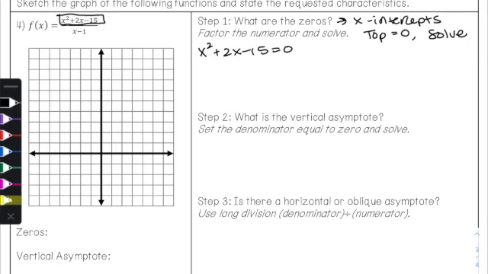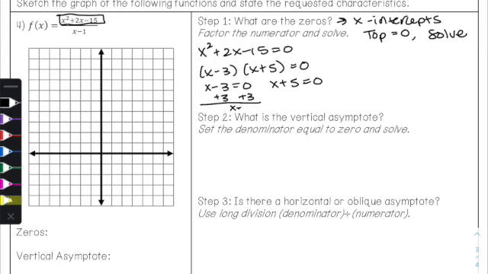Two numbers that multiply to negative 15 and add to positive 2 are negative 3 and positive 5. From here, I can use the principle of zero products and say, okay, either x minus 3 equals 0 or x plus 5 equals 0. To solve this equation, I'll add 3 to both sides and get x equals 3.